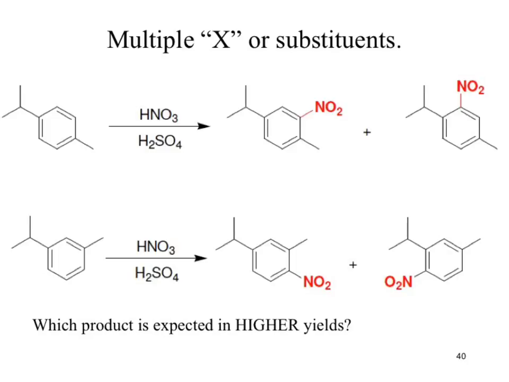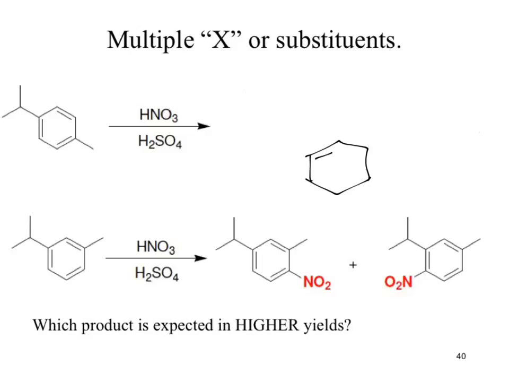And you'll notice that there's a third product that is not drawn. So let's real quickly draw that third product. You can probably already tell me why that one wouldn't exist. I guess they showed it in red. I should show it in red. Between those three products, which is the most likely?